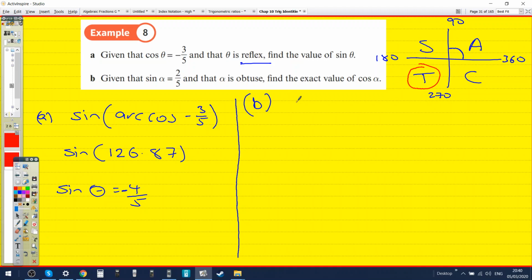Could we try it with the Pythagoras? Sure. Okay, so sine squared alpha plus cos squared alpha equals 1. So 1 minus sine squared alpha equals cos squared alpha. So 1 minus 2 over 5 squared equals 21 over 25, which is equal to cos squared alpha.